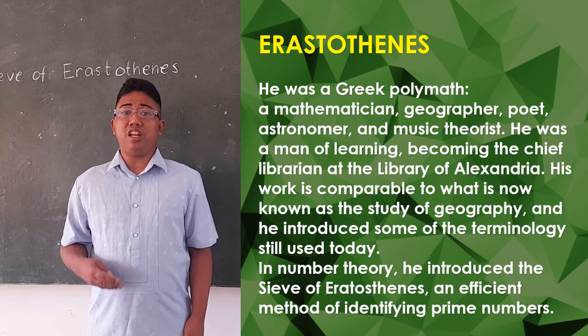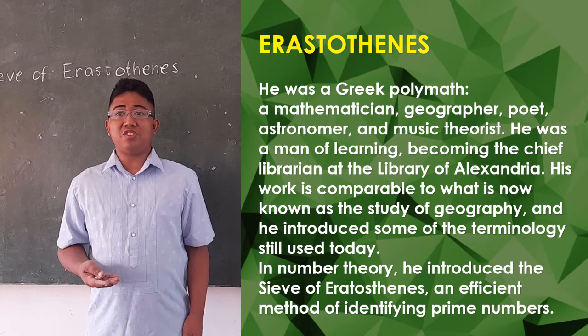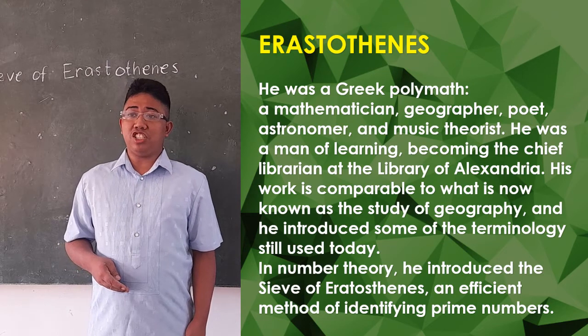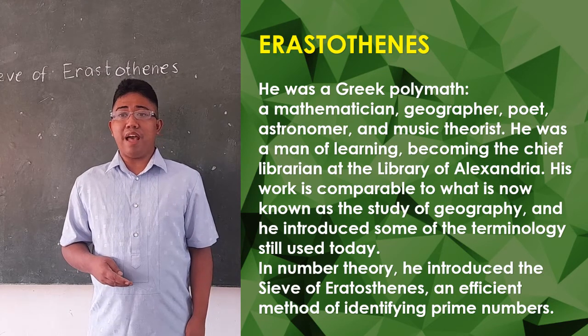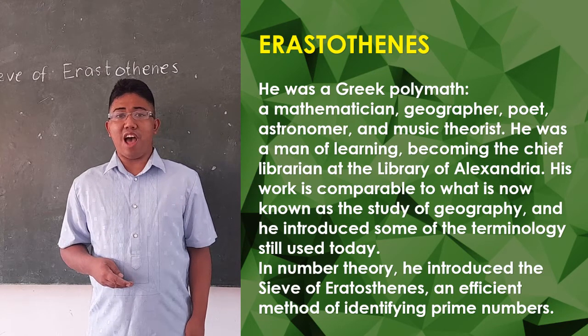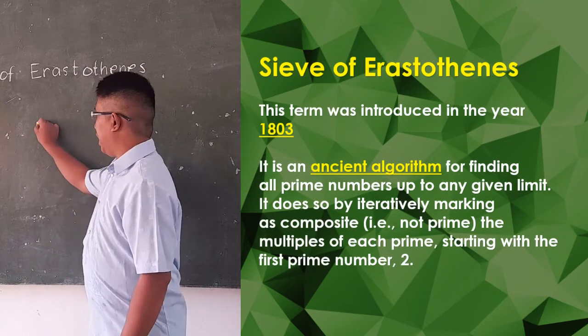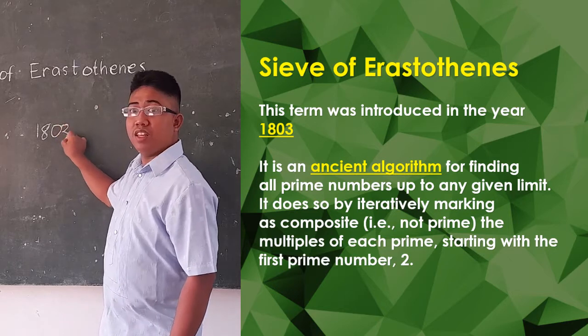According to the definition in number theory, the Sieve of Eratosthenes, introduced by the Greek mathematician, is an efficient method of identifying prime numbers. This term was introduced in the year 1803.